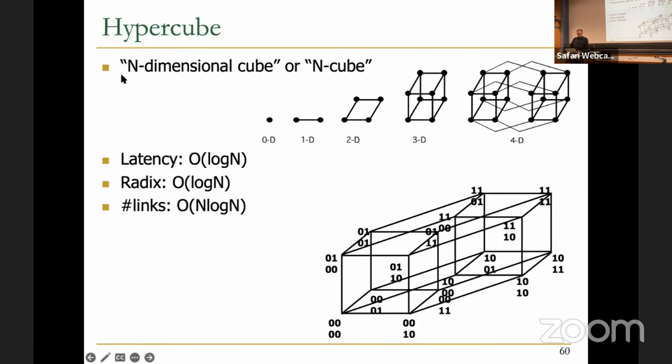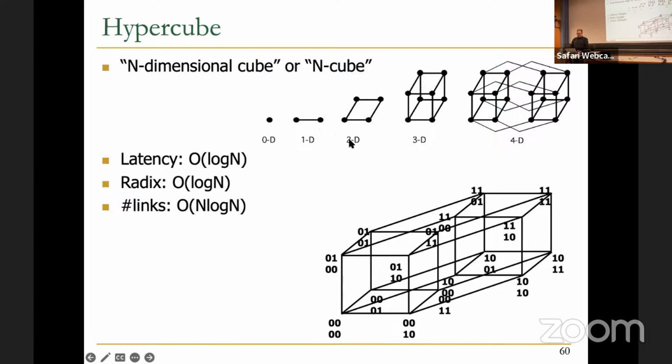So a hypercube is an n-dimensional cube or n-cube, and you can use this terminology. Like 0D is a hypercube with dimension 0, and it's only 1 node. Then you have a 1D hypercube, which is essentially an array, but this array has only 2 nodes.